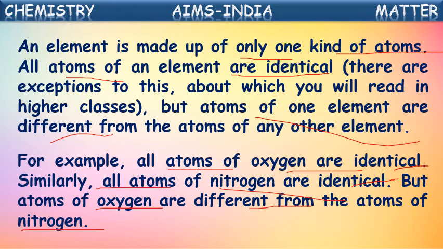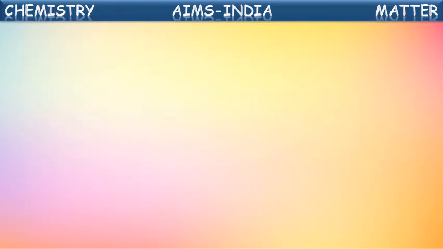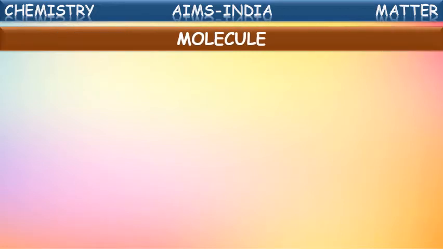If you take the oxygen element, it will contain oxygen atoms only. Nitrogen element will have nitrogen atoms only. Oxygen and nitrogen are different. But if you take one element, all the atoms present in that element will be similar. That is about an atom.